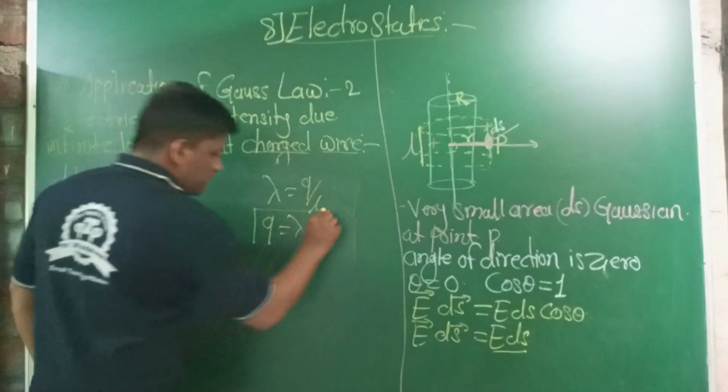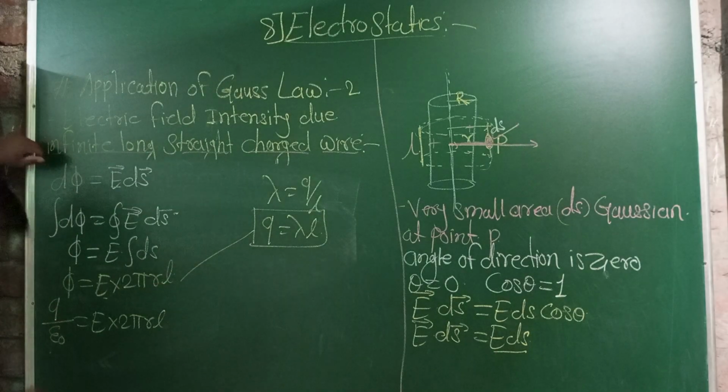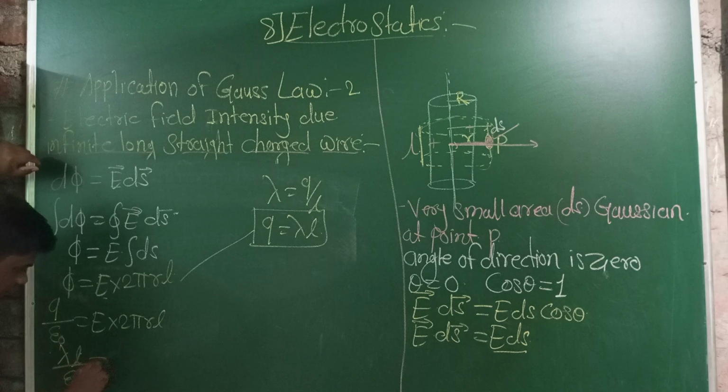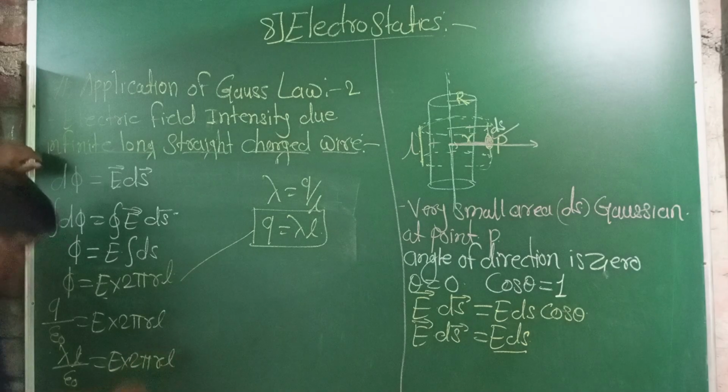We substitute this at the point of q, that is lambda into l divided by epsilon 0 is equal to E into 2 pi r into l.